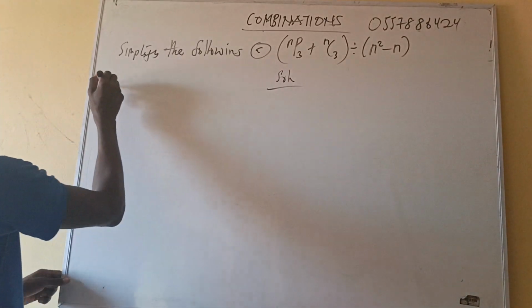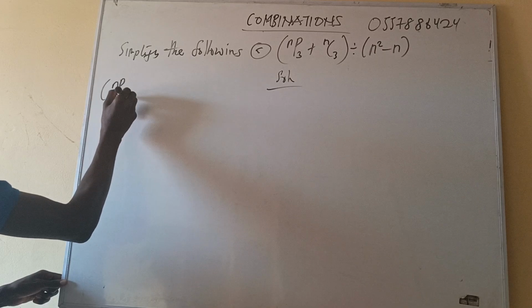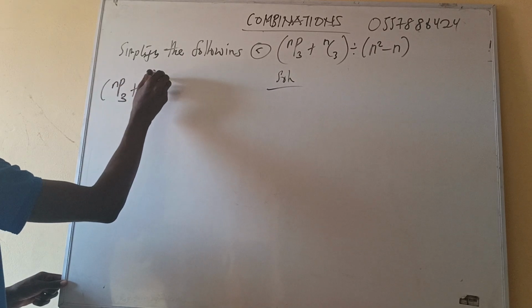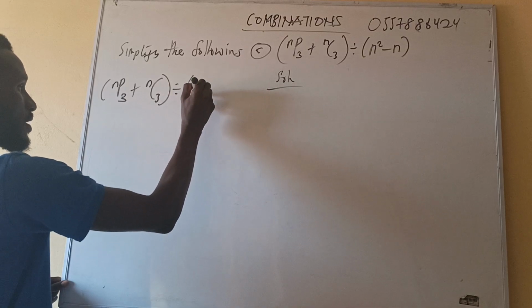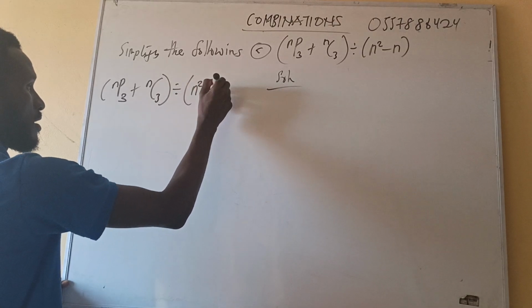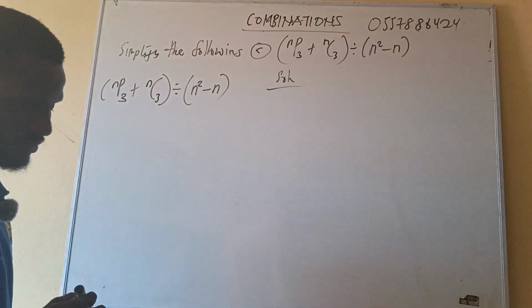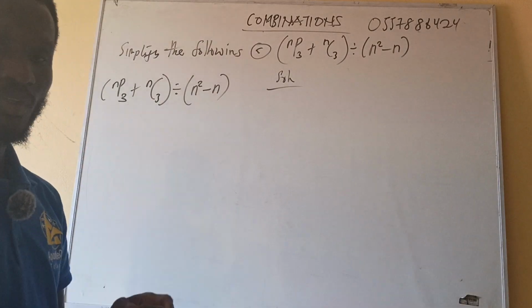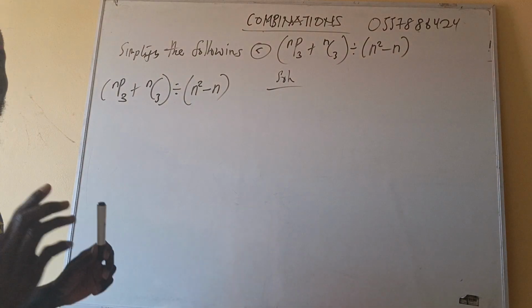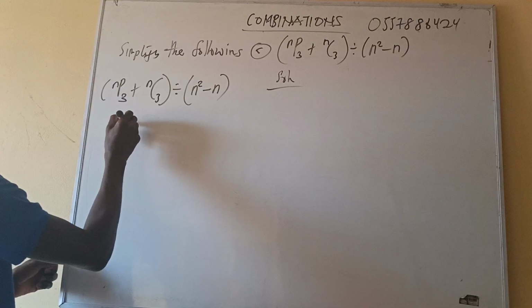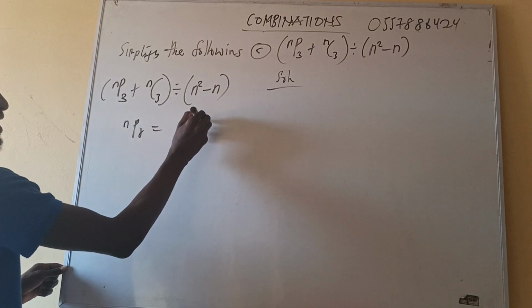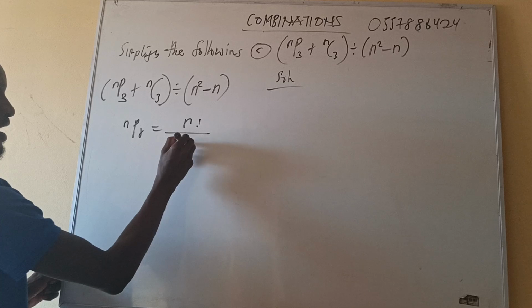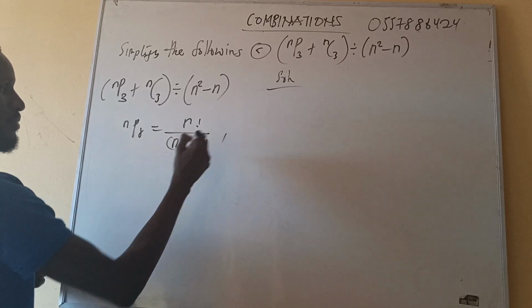Now we have nP3 plus nC3 divided by n squared minus n. Don't forget that we have a formula for permutation: nPr is the same as n factorial divided by n minus r factorial.